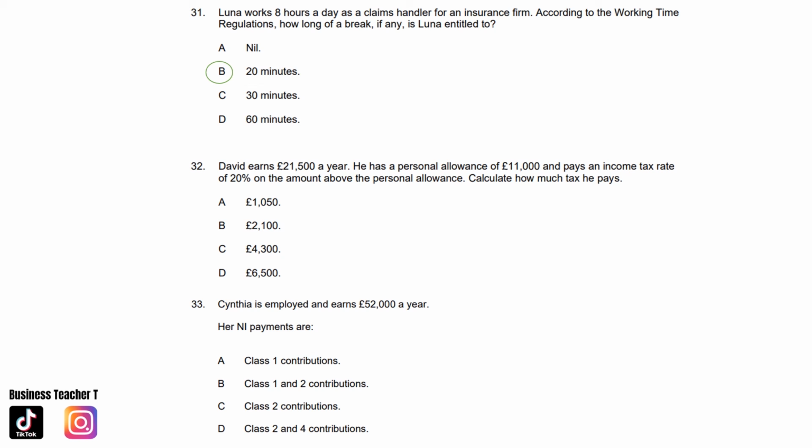And just a little note here, there has been a change to the personal allowance, but just use the figures that are right there. A, £1,050. B, £2,100. C, £4,300. Or D, £6,500.